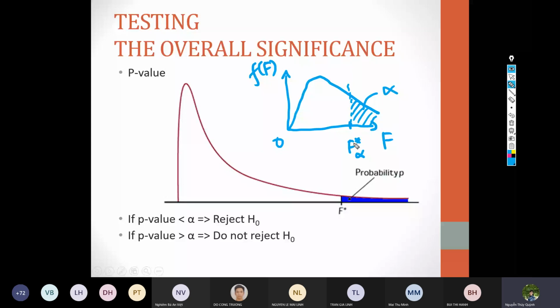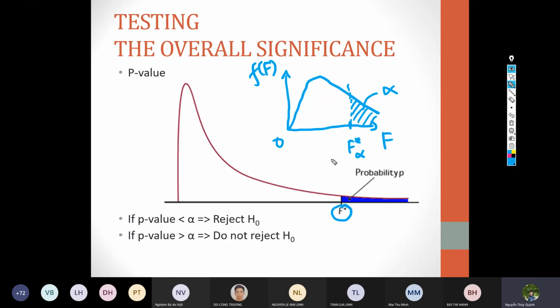Okay, so here the p-value for the observed value of F will be determined in the same way. So if here is our observed value of F, then the area to the right of the observed value of F will be the p-value for it.